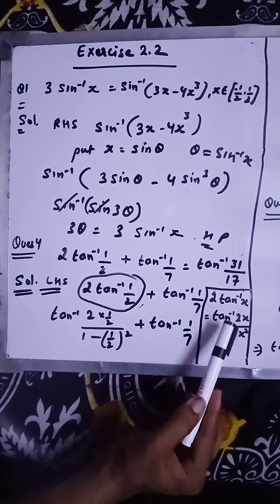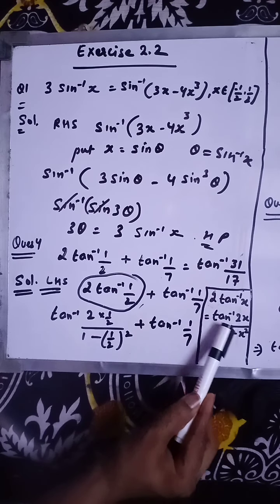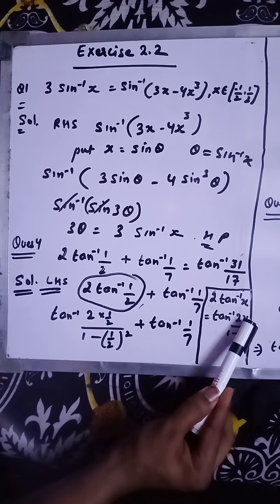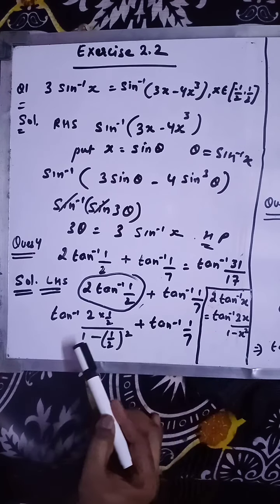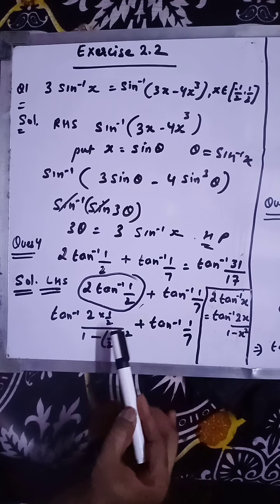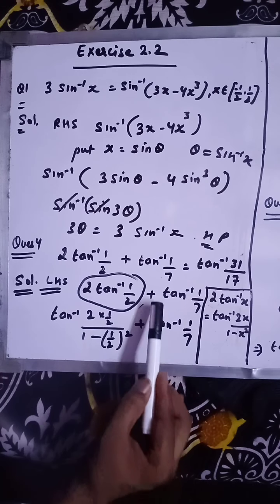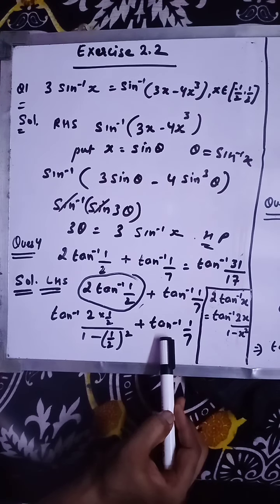So your x is 1 by 2. What you will write is tan inverse of 2 into 1 by 2 over 1 minus 1 by 2 whole square, plus then you copy the next term.